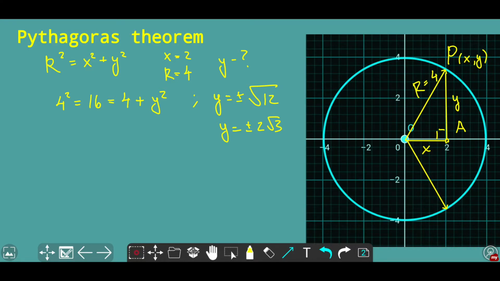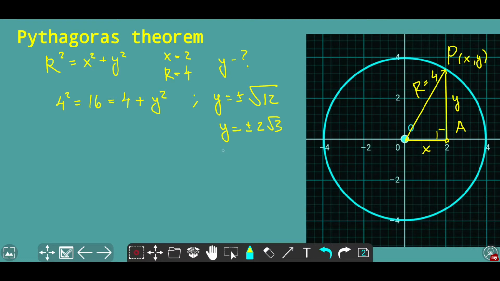For a given y value, we will have two possible x values as well. That's how it works, and for this reason we need to estimate that our y value is going to be about 3 something.